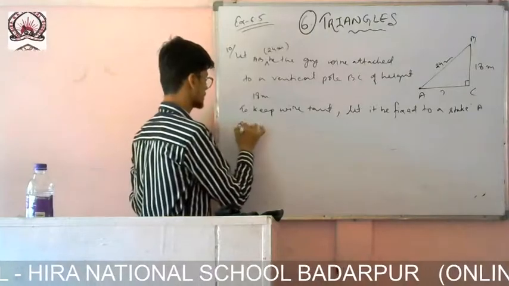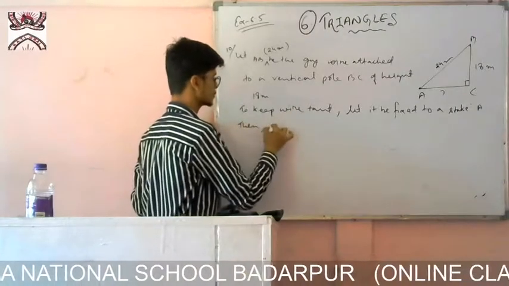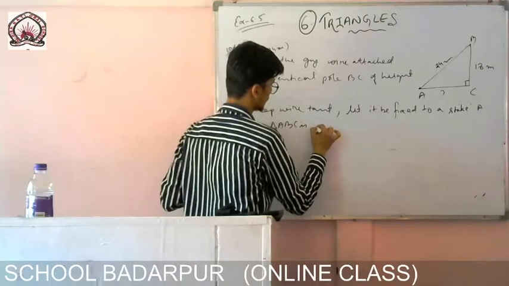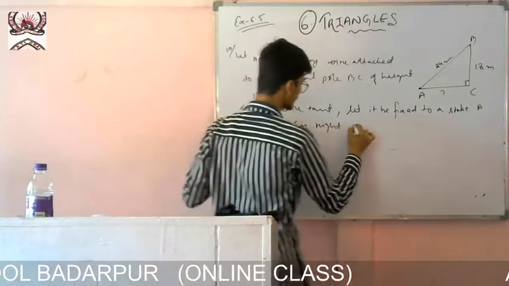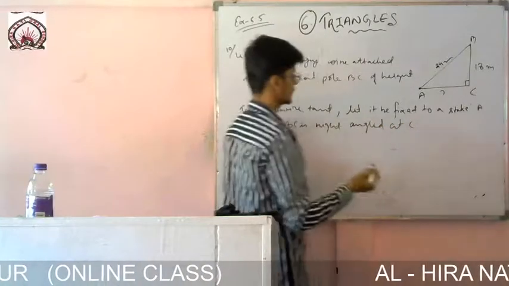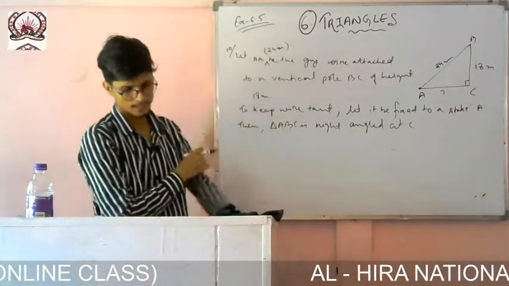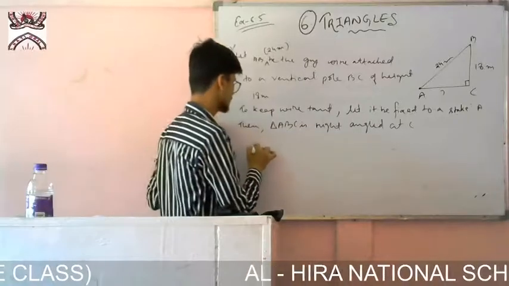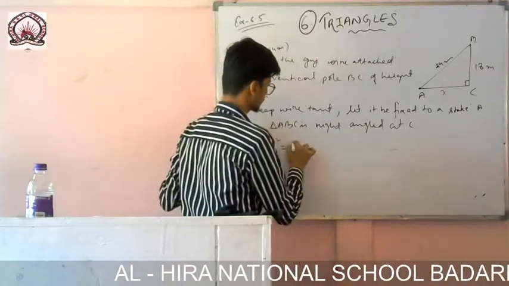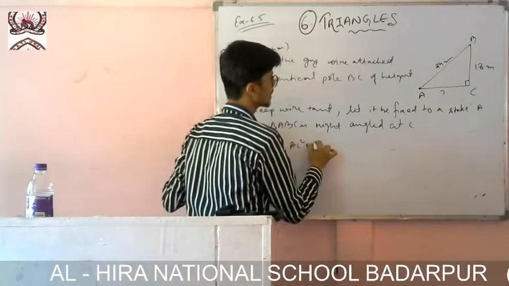Since it is a vertical pole, triangle ABC is right angled at C. So I can write AB square is equal to AC square plus BC square.